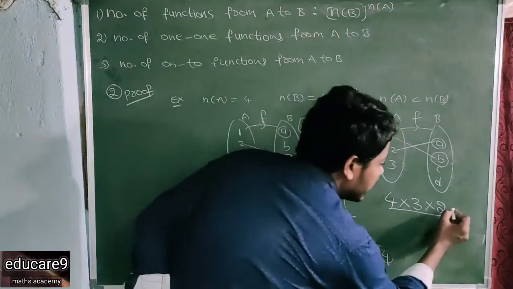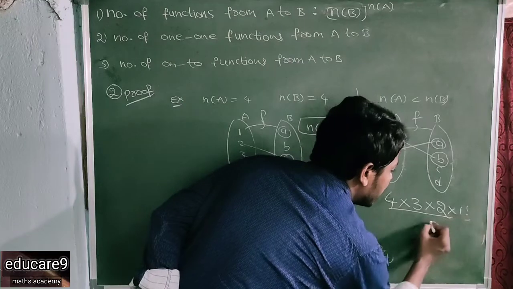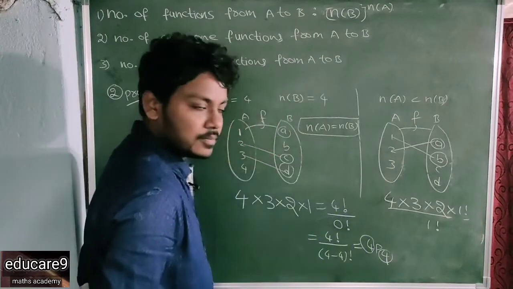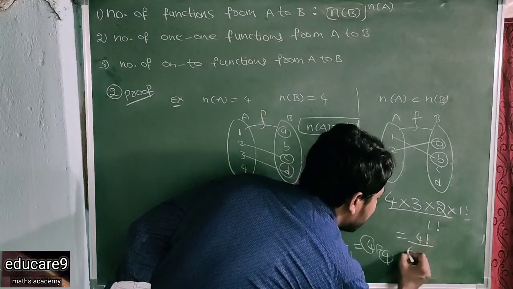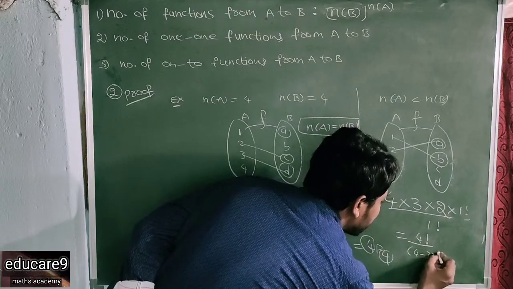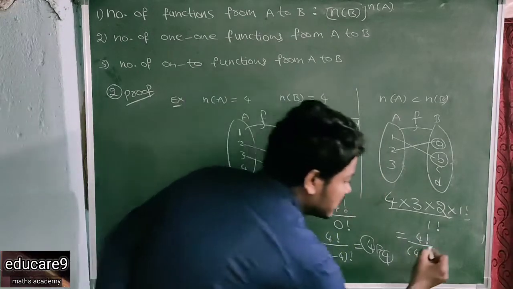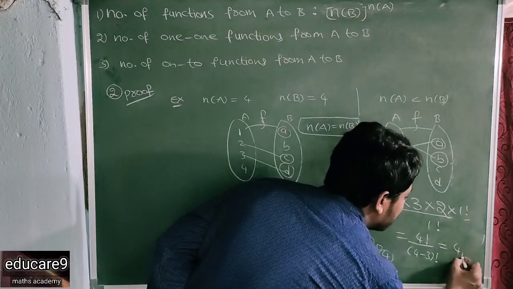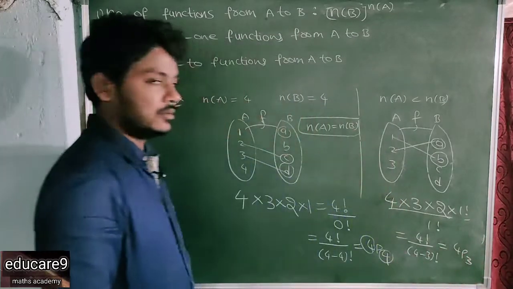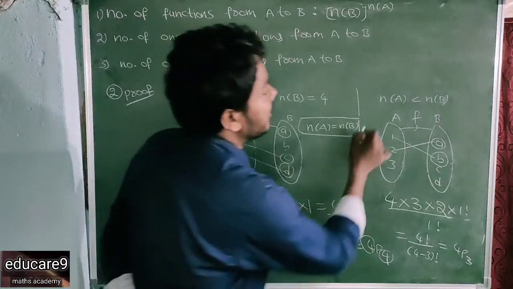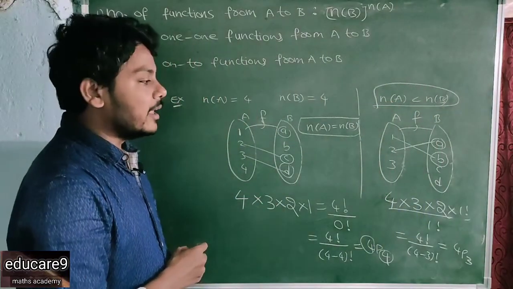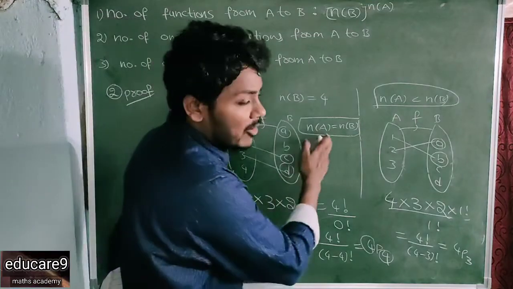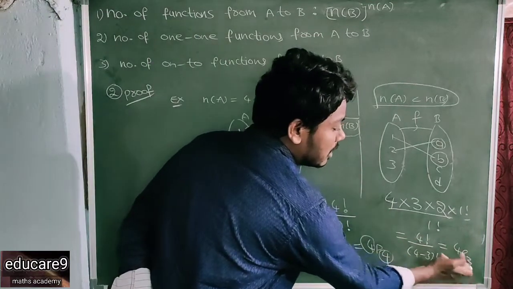So here 4 into 3 into 2, simply this is written as 4 factorial by 4 minus 3 factorial. So this is written as 4P3. Okay, so if n(A) is less than n(B), then the number of one-one functions is what? 4P3.